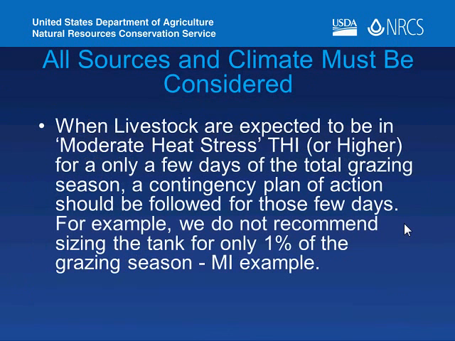So a little bit about this thermal heat index. Like I say, you can look at the handout on that, but when animals are in moderate heat stress or higher, a distress level, for only a few days of the total grazing season, a contingency plan of action has got to be done for those few days.